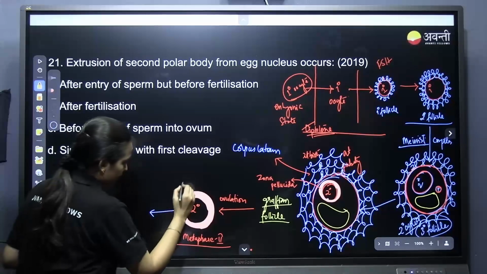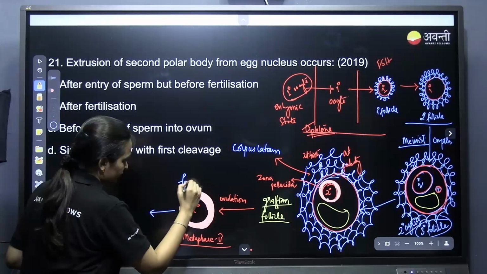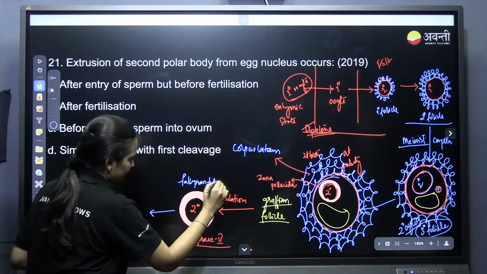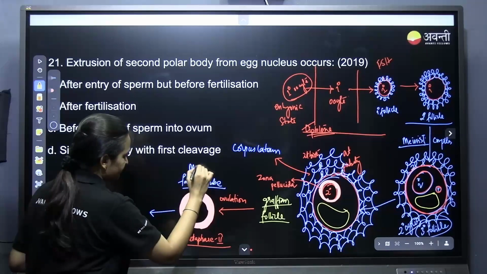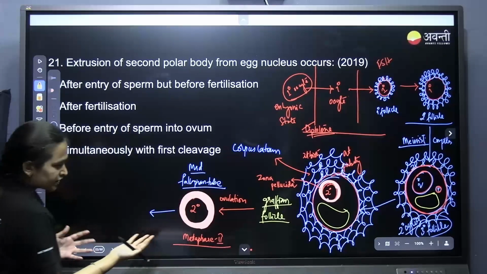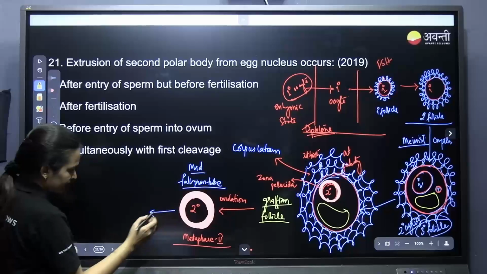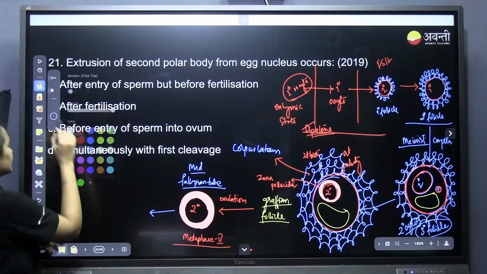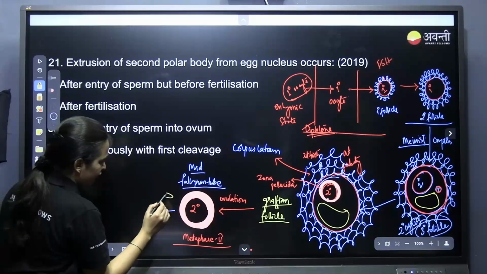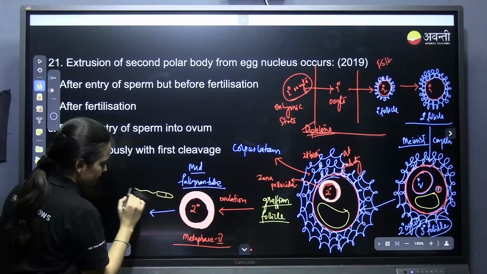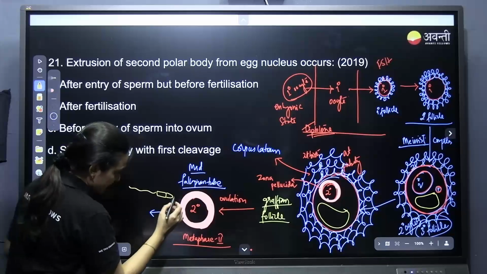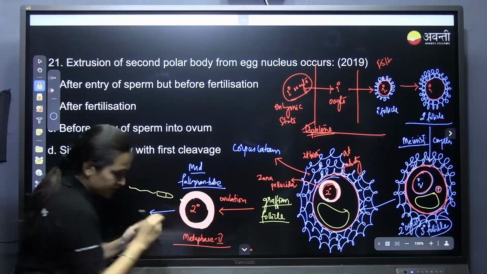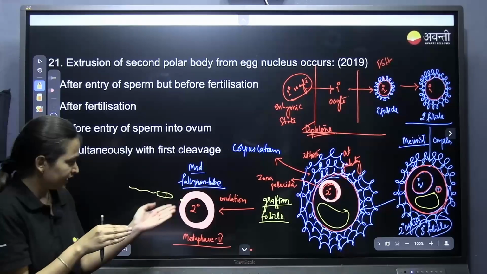When it is in the ampulla, in the midsection of the fallopian tube, it expects sperm. When the sperm comes, before fusion, it attaches to the receptors of the zona pellucida.